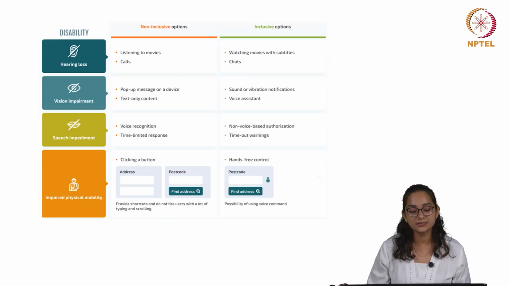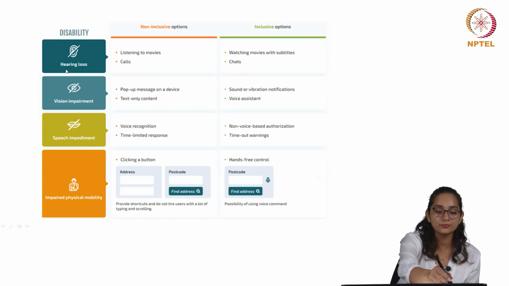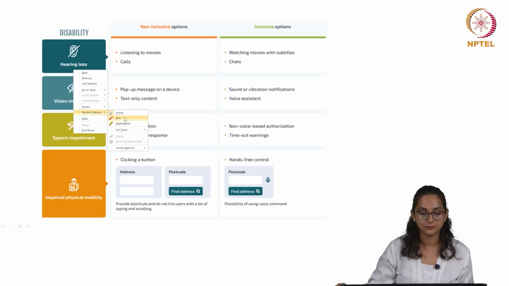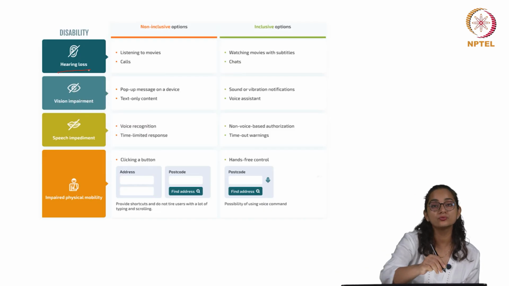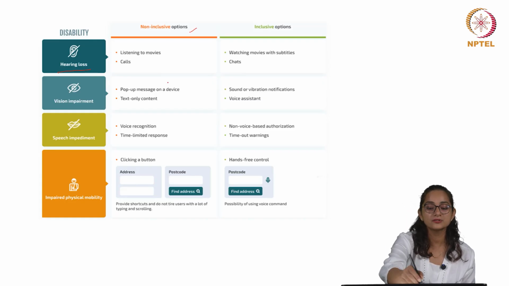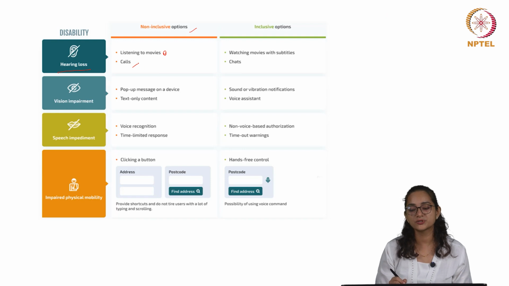For each kind of disability, we can try to move away from non-inclusive options to inclusive options in our interfaces, and look at various aspects of the interface. For example, when we are trying to cater to people with hearing loss, the non-inclusive options include listening to music and taking calls which are audio.